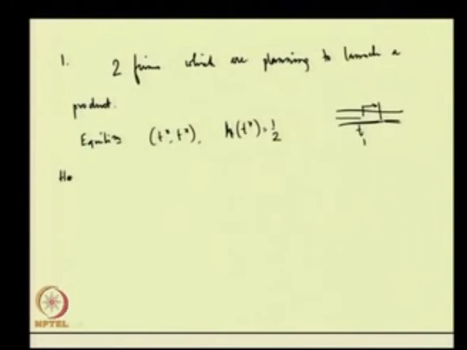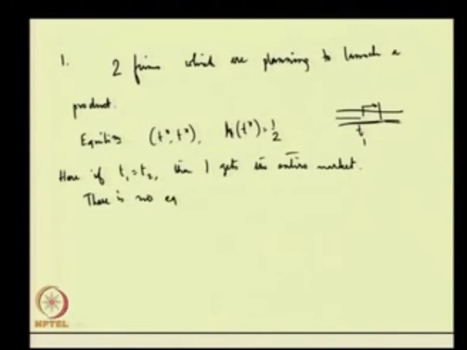Here, if T1 is equal to T2, then firm 1 gets the entire market. The question is, what is the equilibrium? Our claim is that there is no equilibrium here. And what is the reason?